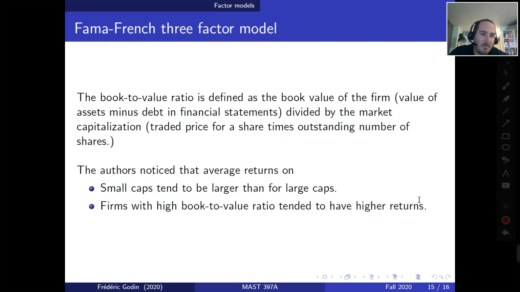CAPM was for some time the most famous model to predict expected returns of stocks, because it stemmed from the then-standard mean-variance portfolio theory. But then shortfalls associated with the CAPM were identified, and the Fama-French three-factor model is somewhat dominant in the market still nowadays and is widely used to predict expected returns of stocks.